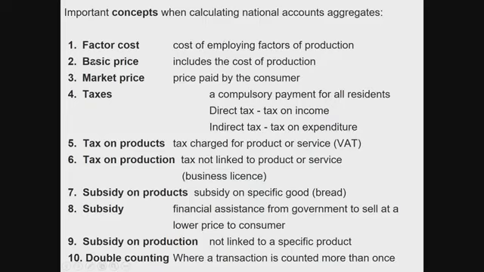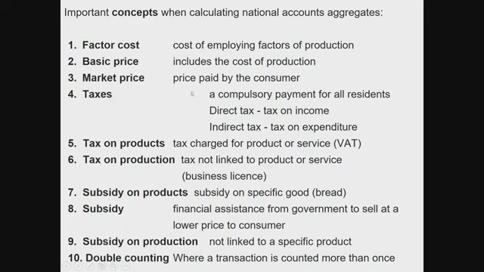And then basic price, that simply is your cost of production, right? What it costs to produce the product. So that's the basic price. And obviously your market price would be the price which is paid by the consumer, in layman's terms, meaning the selling price. And then, of course, there are taxes involved as well.